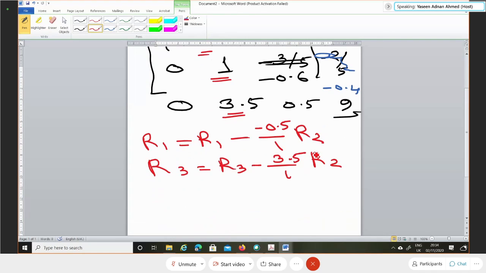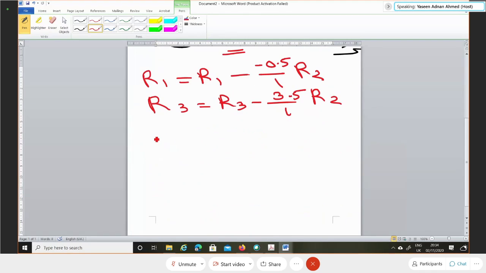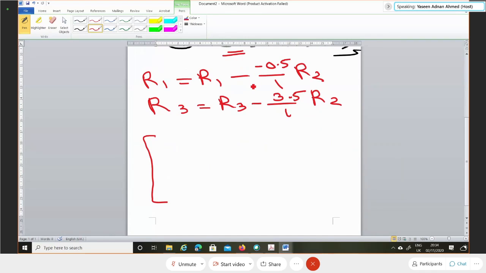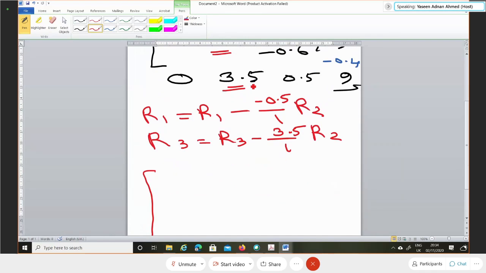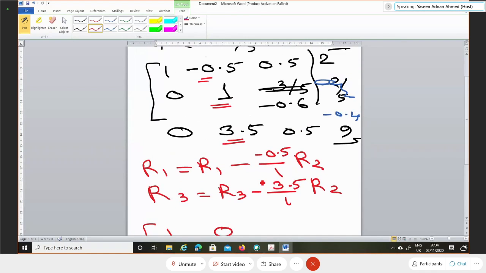Okay, so do it. How much you are doing that one, right? So I just follow you. How much it will be? So R1 will be minus minus plus, right? So that should be first thing we already know is 0. How about the next one? 1/5 is 0.2.